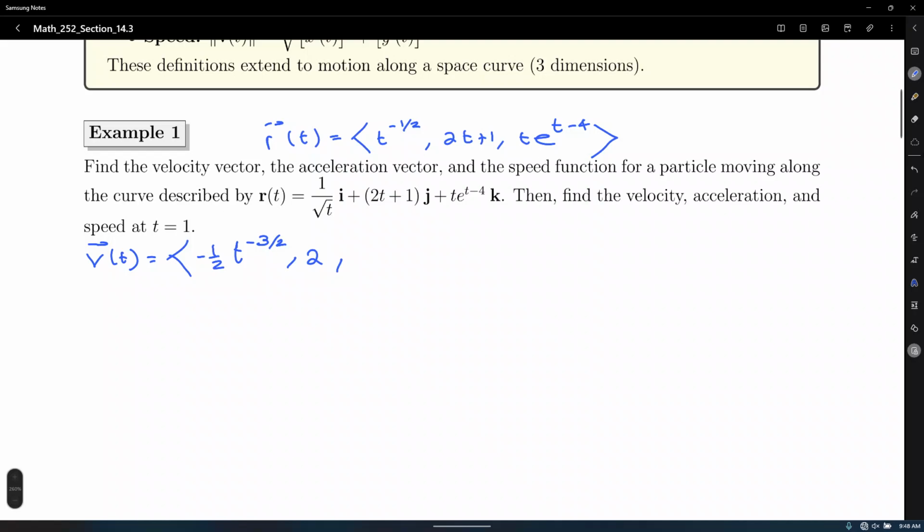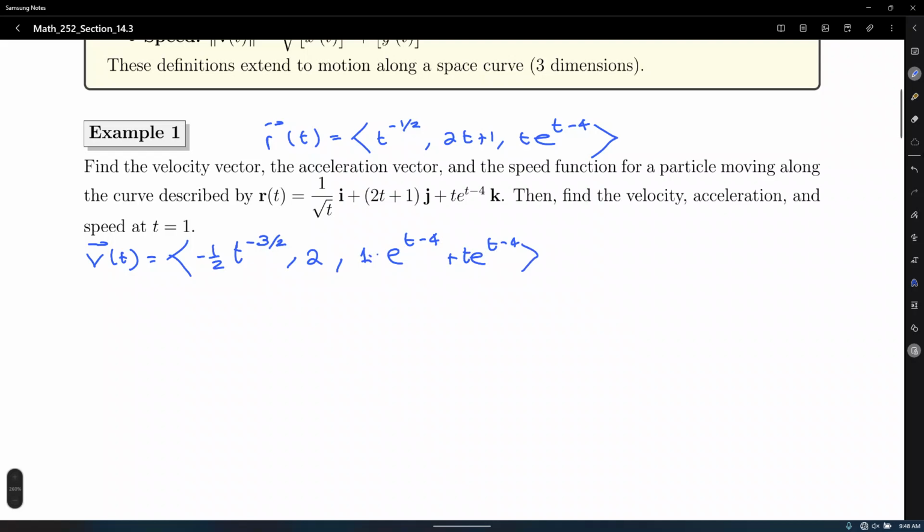Product rule, right? That is the derivative of t, which is 1, times the exponential e to the t minus 4, plus the derivative of the exponential. The derivative of the exponent t minus 4 is still just 1, so it's just going to give itself, e to the t minus 4, times t. All right, so that is our first derivative.